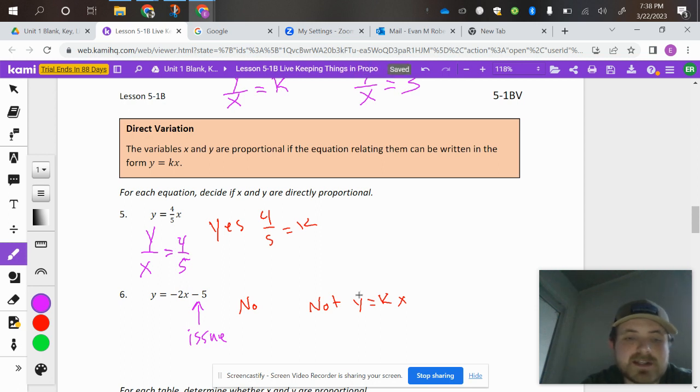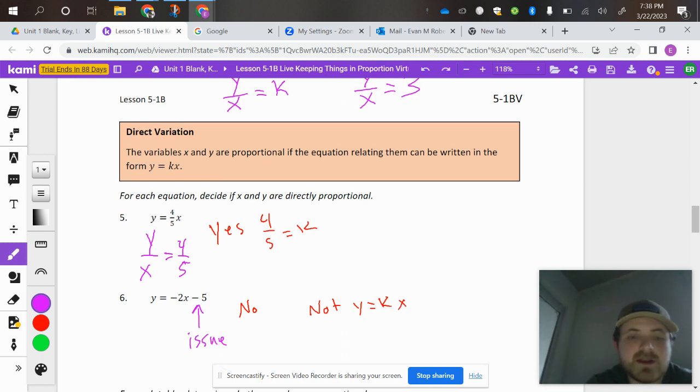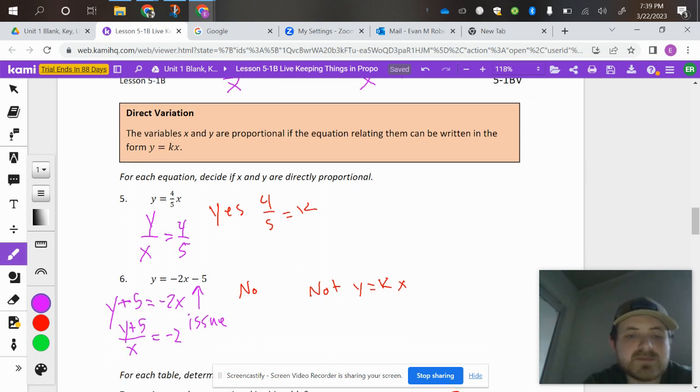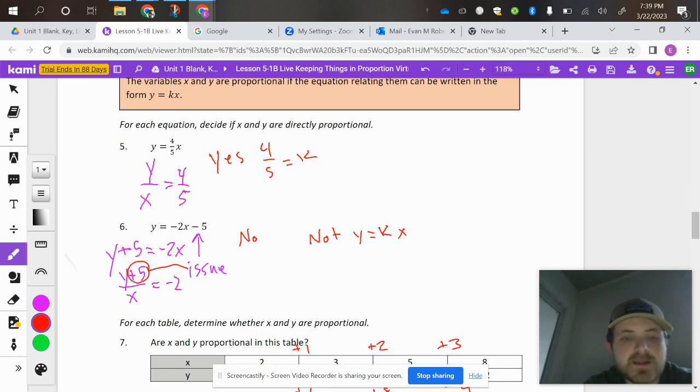And again, if I solved for x and y on the same side, which is what I was getting up there, I would have y plus 5 equals -2x, and then y plus 5 over x. The fact that the extra 5 is there is also the issue of why it would not be considered a direct variation situation or directly proportional.